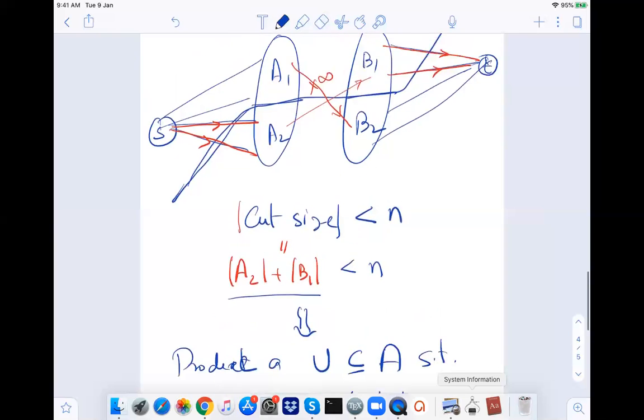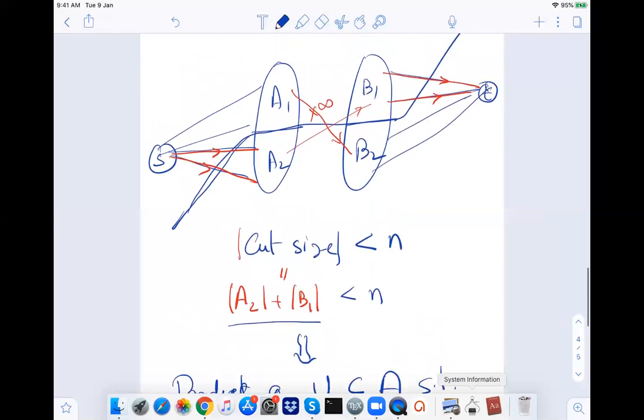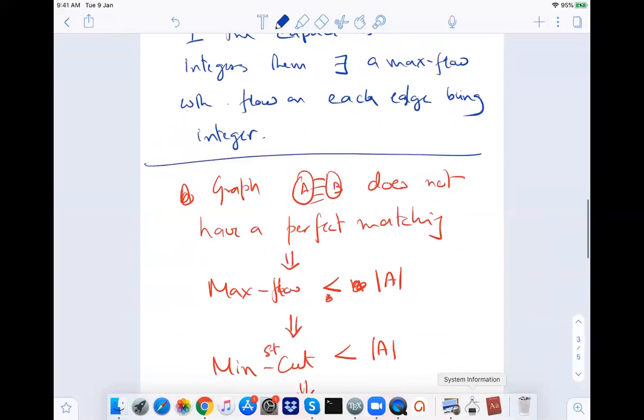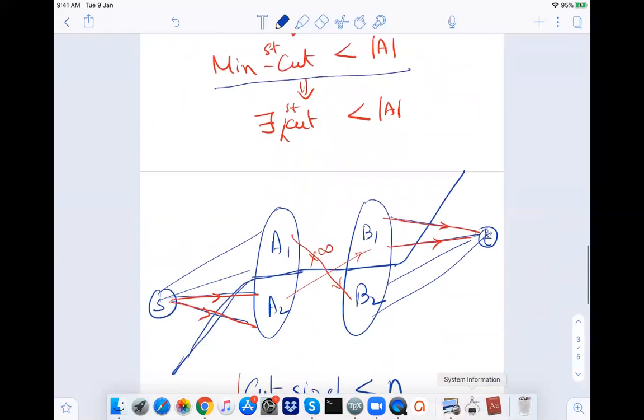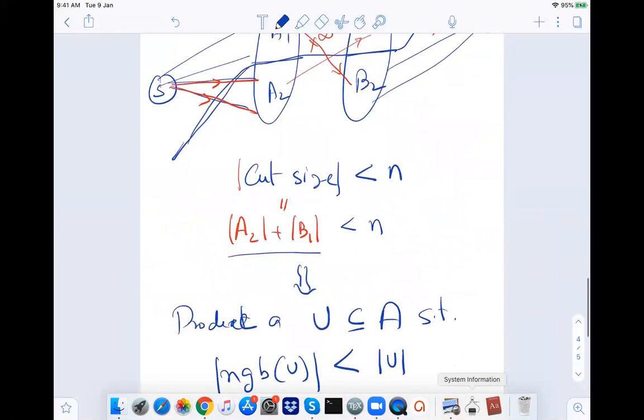If you produce this, then what do I know? See, I started with a graph that doesn't have a perfect matching. That means there must not be a full flow. That means the min cut is small. I take such a min cut whose size is less than n, and through that I can produce this.